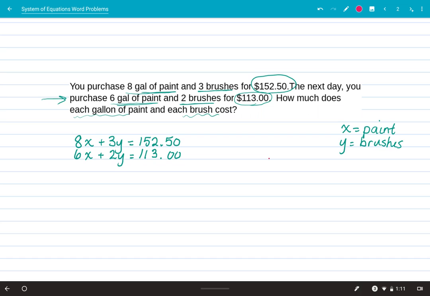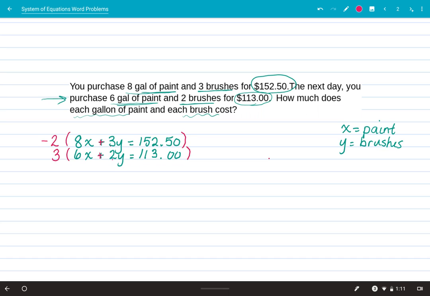Go with the 3 and 2. Smaller numbers are so much easier, but if you have calculators, it's all right. So the 3 is on the top, I'm going to move it to the bottom. 2 is on the bottom, move it to the top. And since these are both positive, make one of them negative. Doesn't matter which.